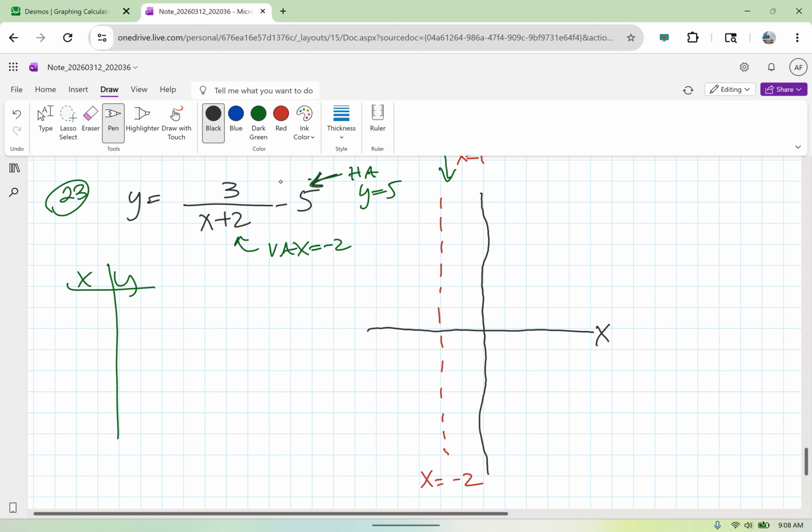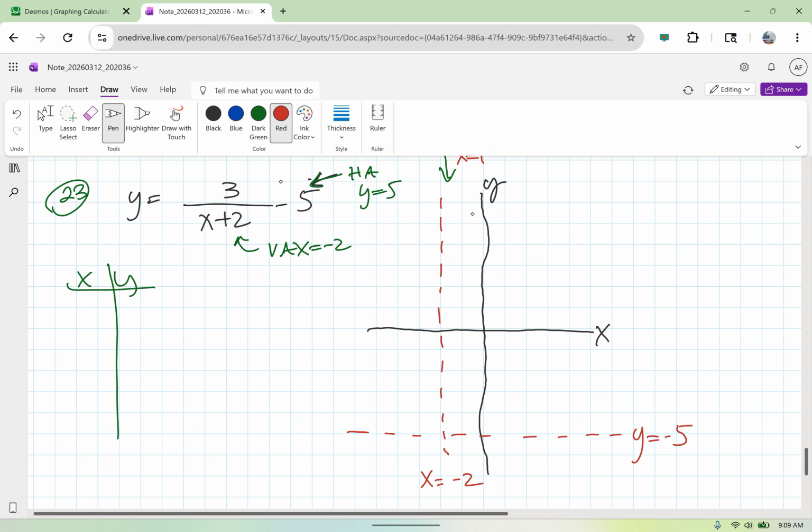So this is my x, this is my y. Y is -5, 1, 2, 3, 4, 5.